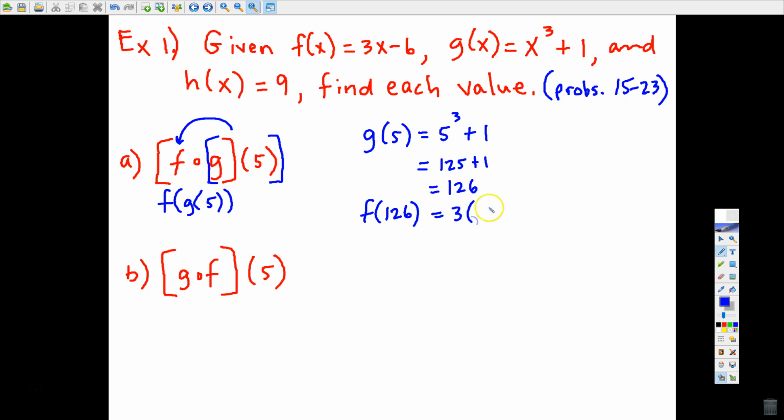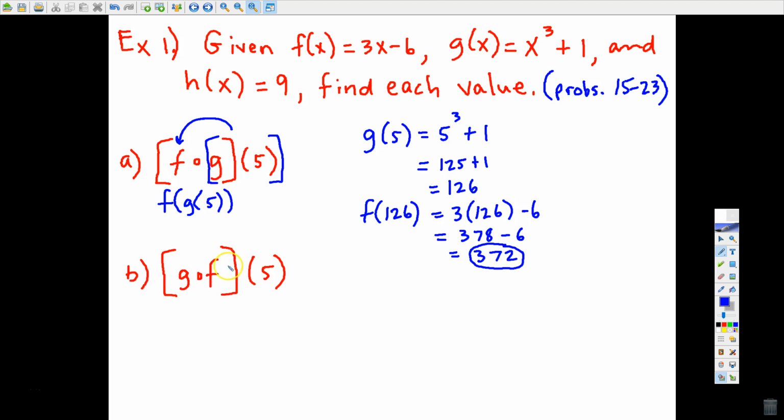So f of 126 means replace x with 126, that's your input, and simplify. So we can grab a calculator, 3 times 126, that's 378, minus 6. So my final answer here, it's not two different answers, it's just one single answer. This composite function, the answer evaluating this would be 372.